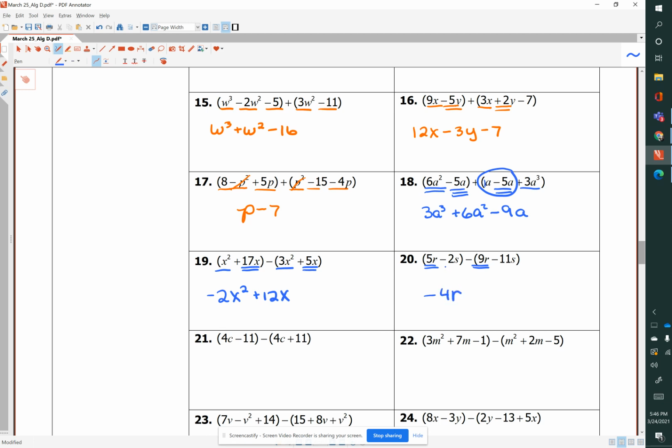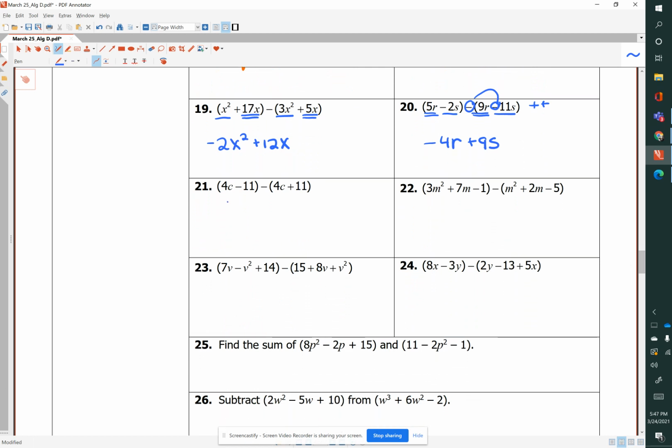And then negative 2s minus 11s. We're subtracting a negative. So, right, it's a not, so we make it positive. So that would be negative 2 plus 11, which would be positive 9s.